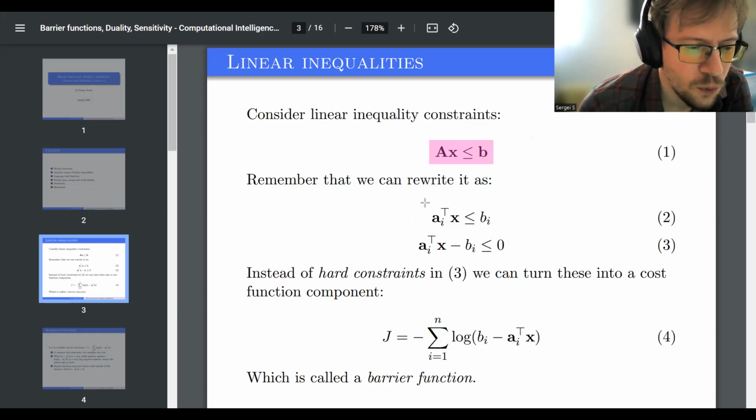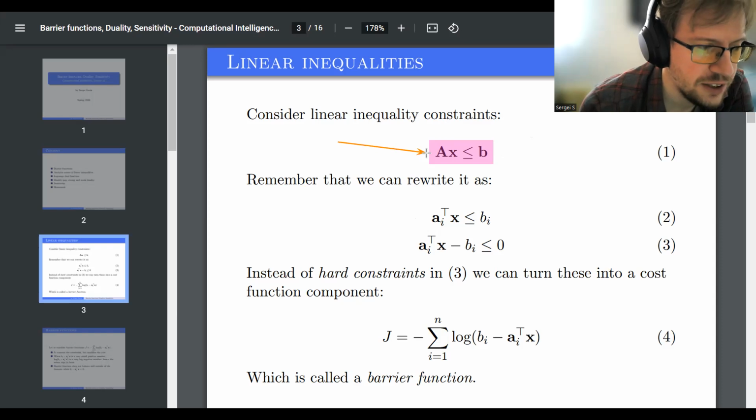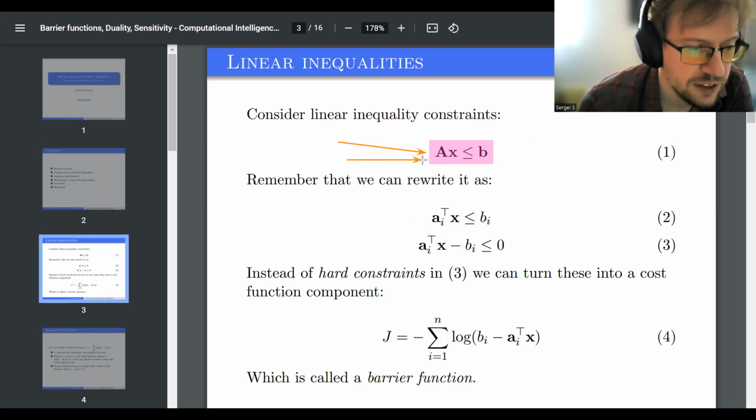Now we can rewrite this inequality, and remember this is just a stack. This expression here is just a stack of individual half planes, so individual linear inequalities. This is a vector expression. Vector on the left, vector on the right, and we assume that the inequality holds element-wise.